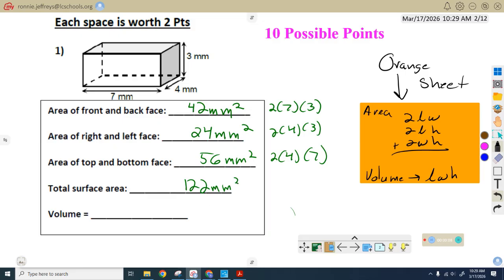My favorite question from earlier today: how did you get the volume of this? Well, I said, did you see the numbers? Yeah, it's length times width times height. It's literally these 3 numbers.